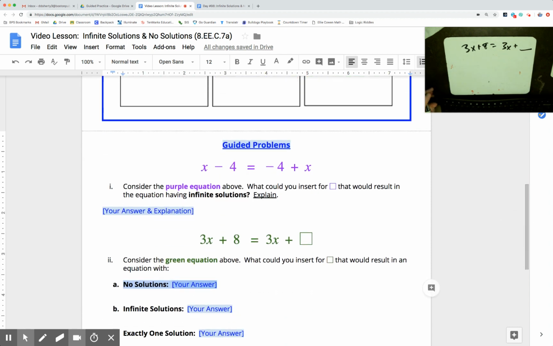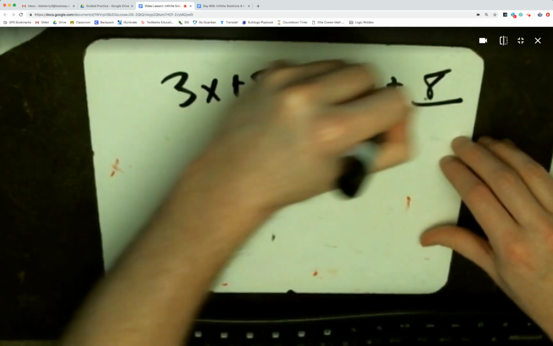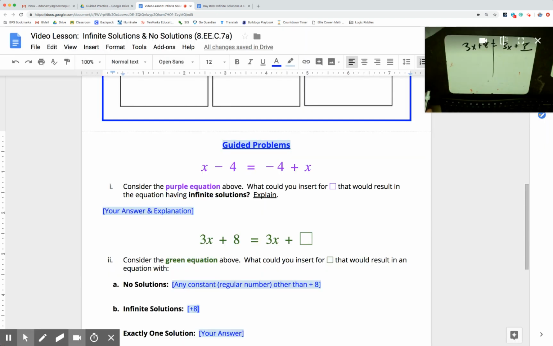So the answer is anything I want, plus 5, plus 7. The answer really is any constant, that's just a regular number, other than positive 8. Because if we put positive 8, that's the only way we're going to make this equation have infinite solutions. If I plug in positive 8 for that blank box, now the expressions on both sides are equivalent. I would have created an equation with infinite solutions.